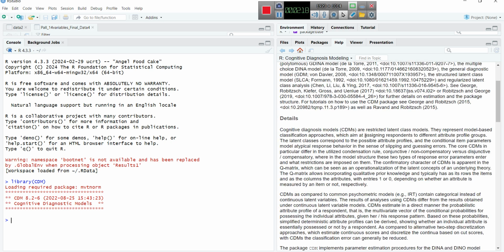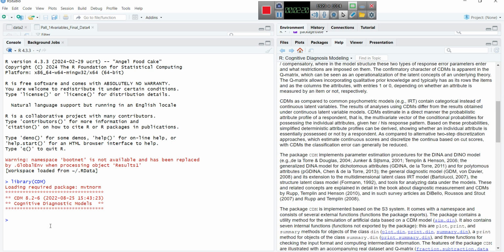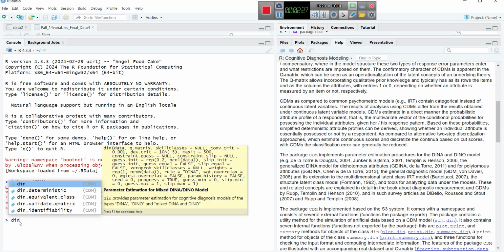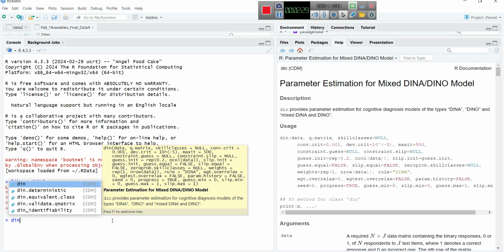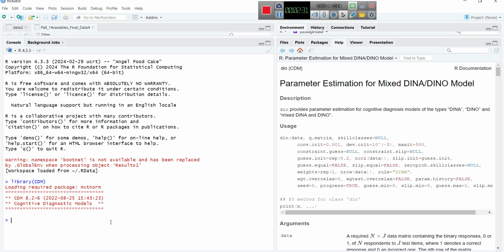So there are two kinds of models for cognitive diagnosis modeling, compensatory and non-compensatory. For example, the DINA model is a model whose corresponding algorithm is relevant to the compensatory model.